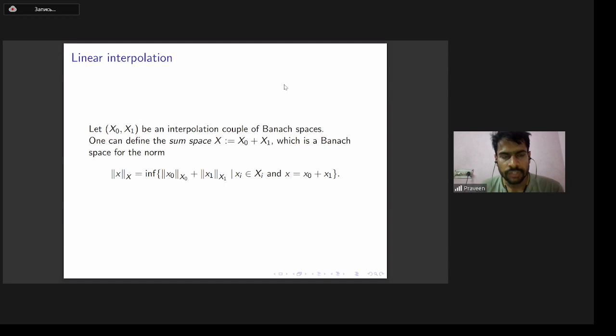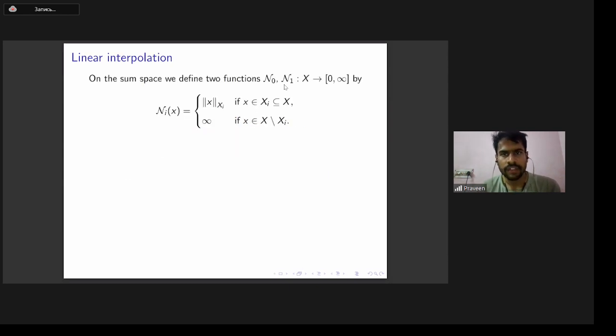So for fitting this theory into our result, we need to define N0 and N1. We define our N0 and N1, our measurable energy functions, like this: the value of the function at a member x of the sum space X0 plus X1 is equal to the Xi norm of that element x if that element lies in the Banach space Xi, and infinity if that element does not lie in that Banach space Xi.